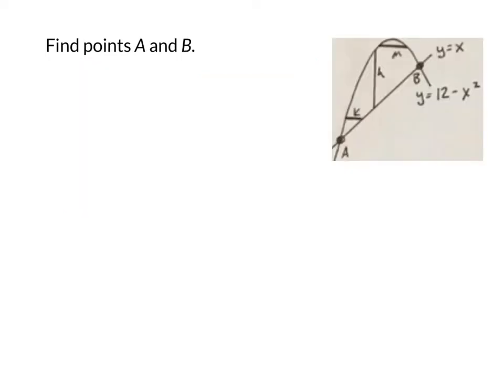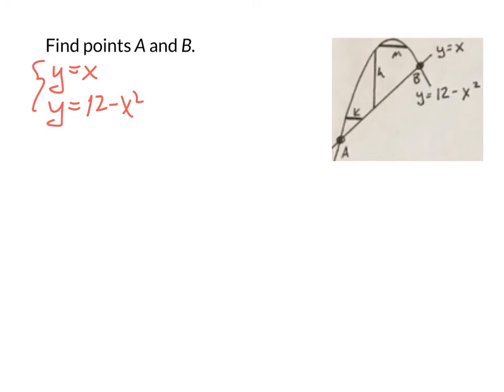Another task that's going to be important for us is finding these points A and B, these points of intersection of two curves. As a reminder, if we want to find points of intersection, what we're really doing is solving a system. We have the line y equals x and the curve y equals 12 minus x squared, and that's the system we need to solve.